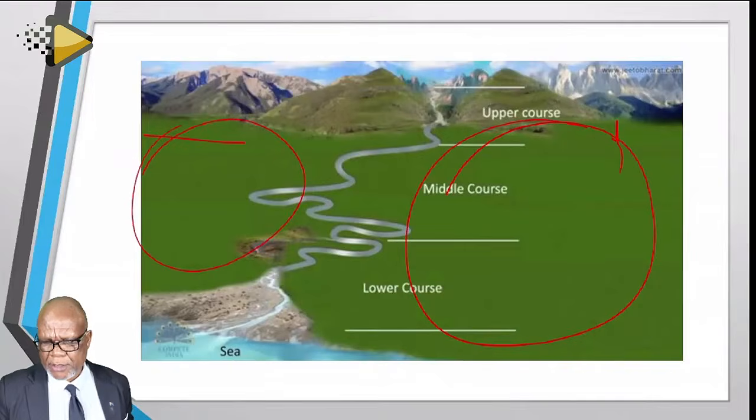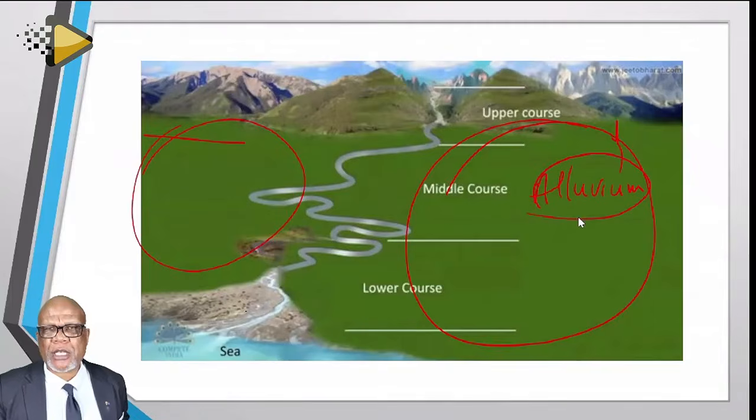You can see it is nice and green because it has got deposition. The name floodplain means a lot of flooding is taking place, which means there's going to be alluvium deposited there, alluvium being the fertile soil.